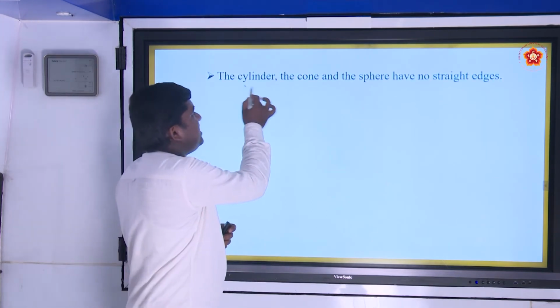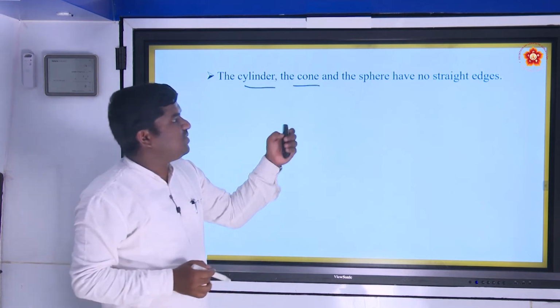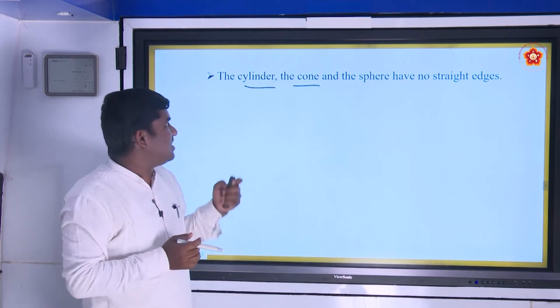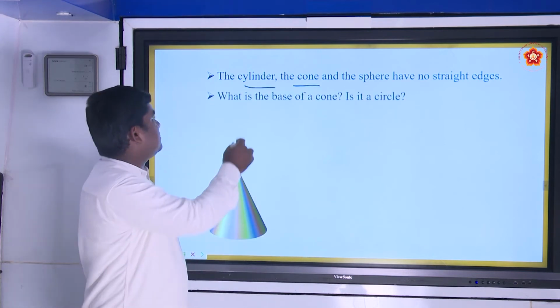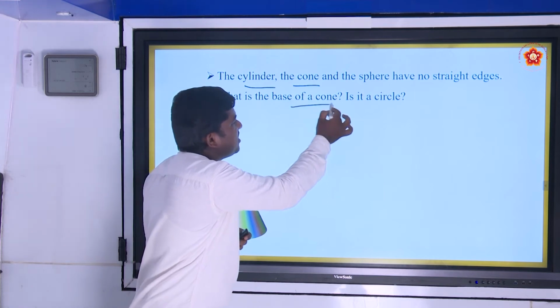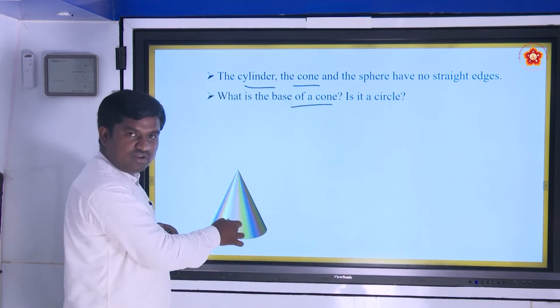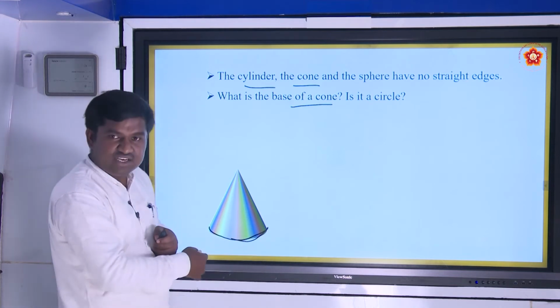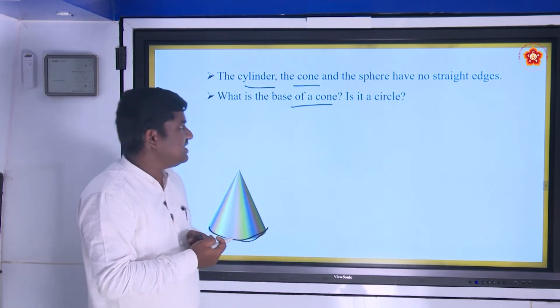Yes, the cylinder, the cone and the sphere have no straight edges. Okay, where are the straight edges? Yes. What is the base of a cone? Yes, this is a cone. What is the base? This is the base. What is the shape? Yes, is it a circle? Yes.